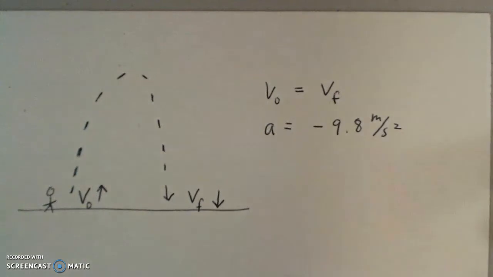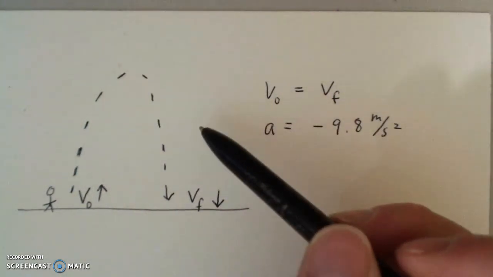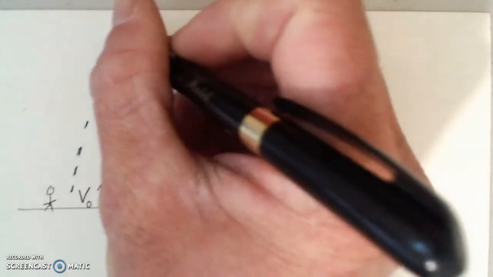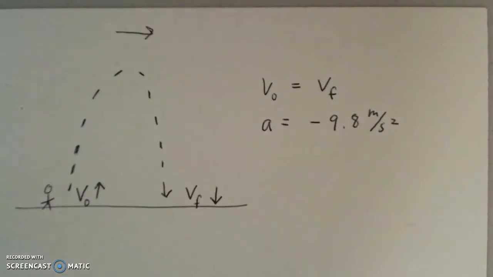Even if it's moving horizontally, as we get into two-dimensional kinematics, you'll find that the motion in the horizontal dimension up here has no impact on the motion in the vertical dimension. We can treat those separately.